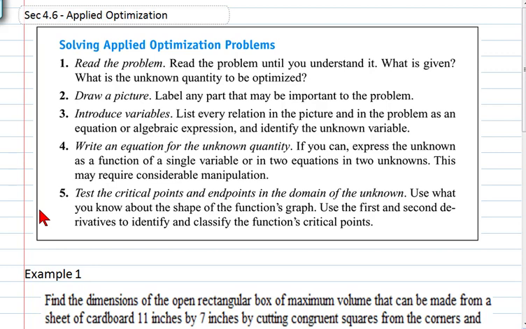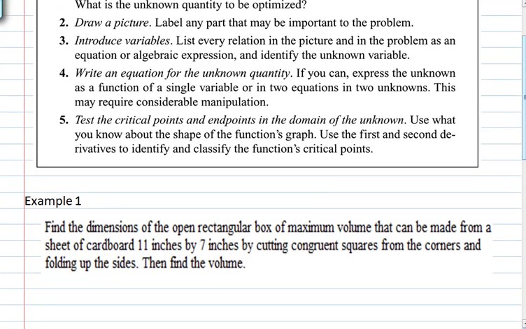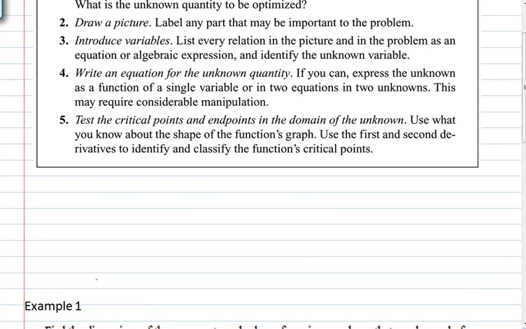In these, we're going to have what's called primary and secondary equations. This author doesn't present the information this way, but I do, because I think it makes life easier.